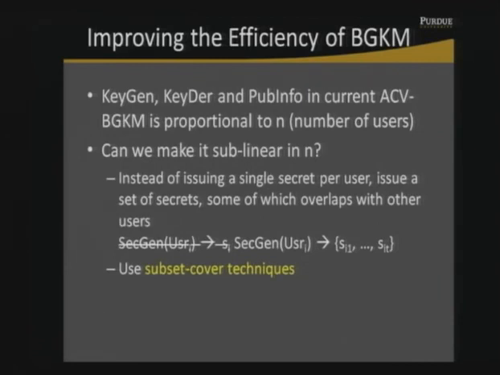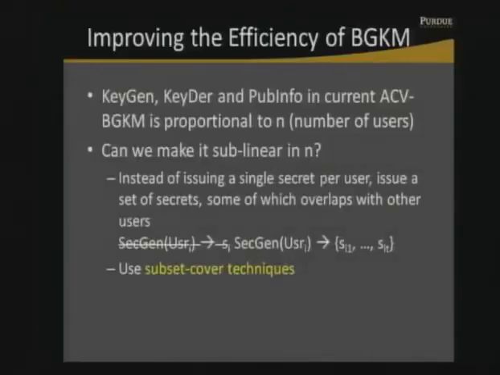One of the main things we try to optimize is how we can make this sublinear in n. If you have 1,000 users, can we reduce the size of this public information? Right now, it's going to be 1,000 elements. It's going to be huge if you are to transmit it with the encrypted documents.